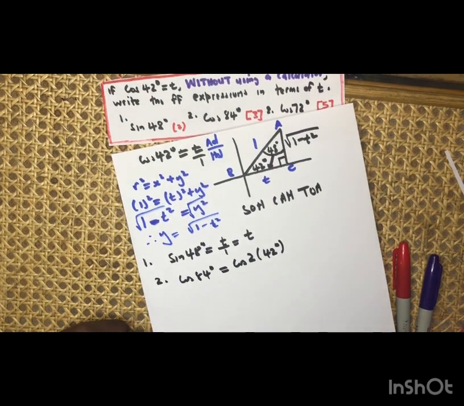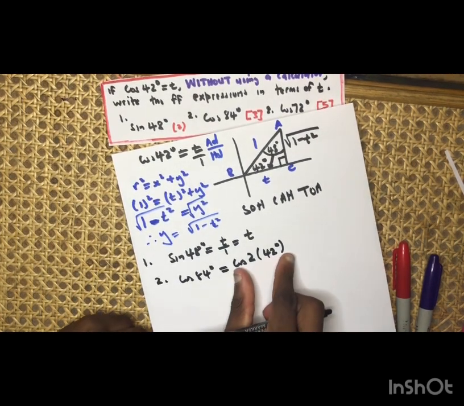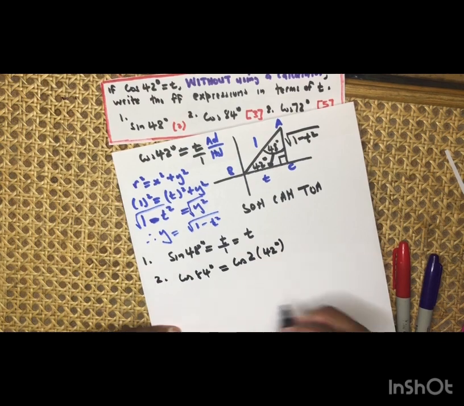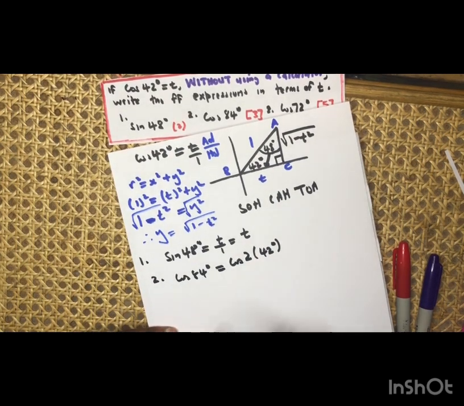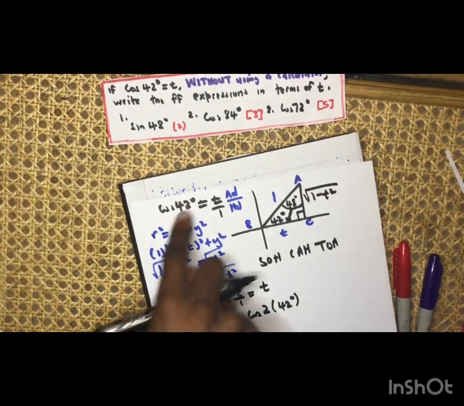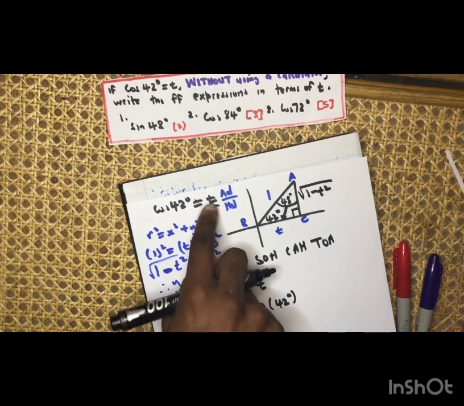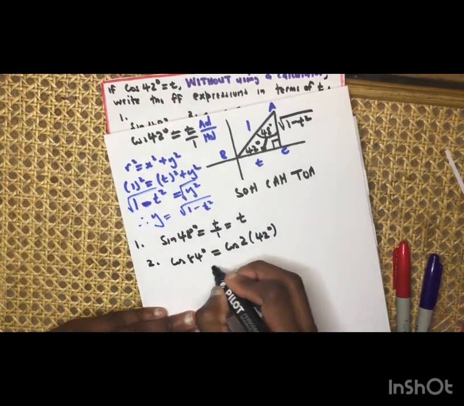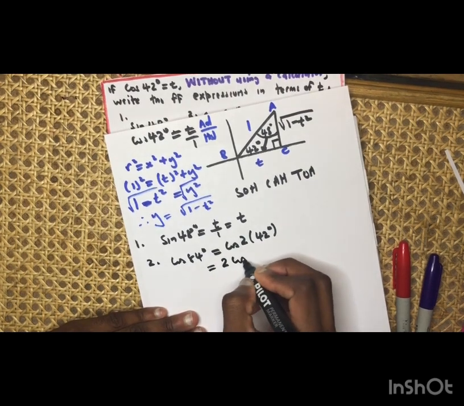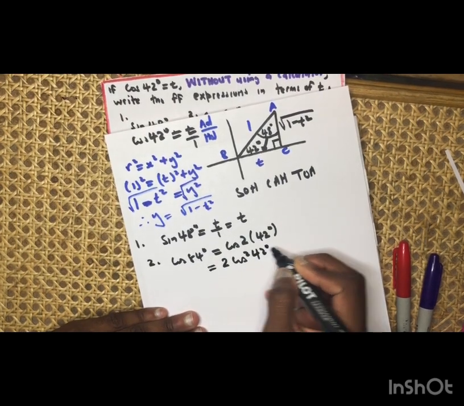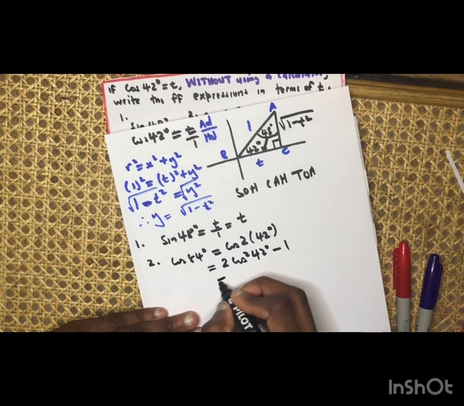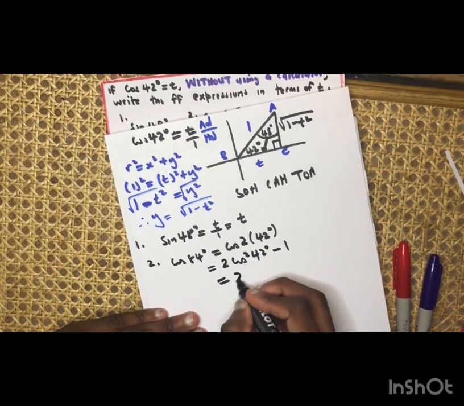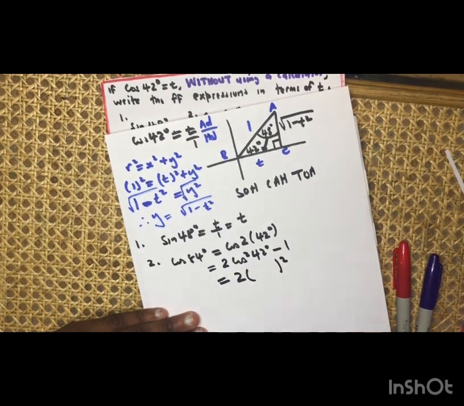So if this is a double angle, guys, remember your double angle has 3 personalities. I'm going to pick the one that has cos here, because I already know cos 42 is equal to t, or you can take sine, you will get the same answer, you will see. So if I take 2 cos squared 42 degrees minus 1, we put squared outside, we have minus 1.